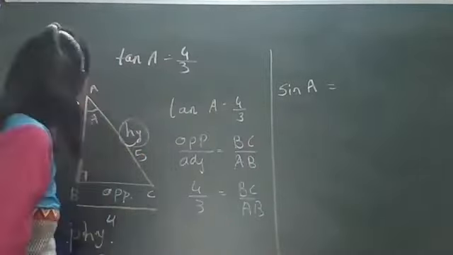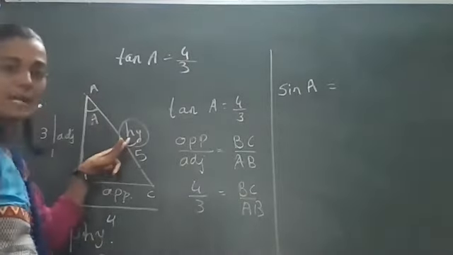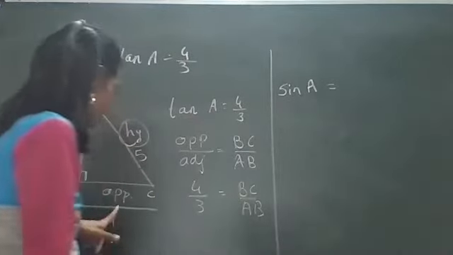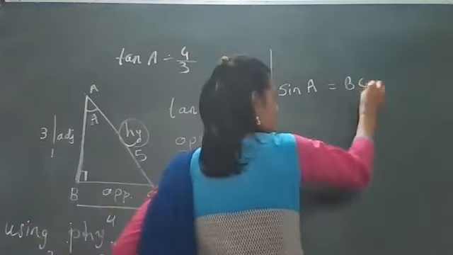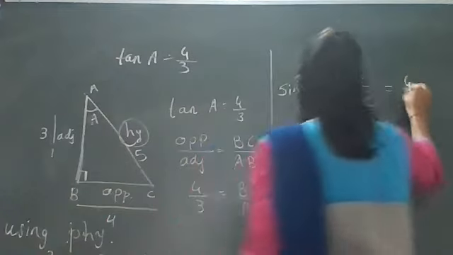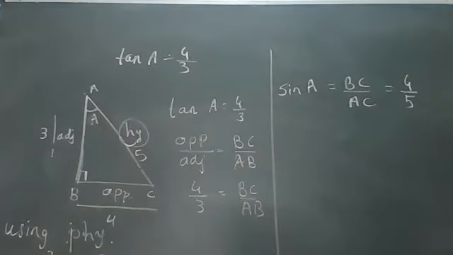Directly we write that sin A is equal to opposite upon hypotenuse, right? So opposite is given as 4. We write BC upon AC is equal to 4 upon 5. That is the value of sin A.